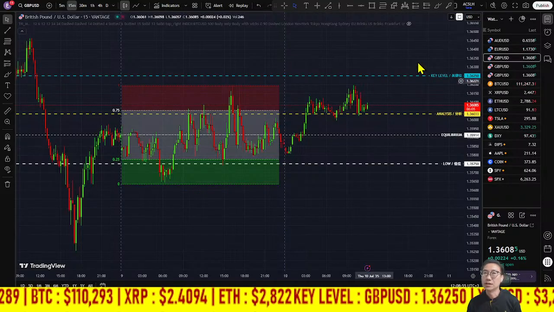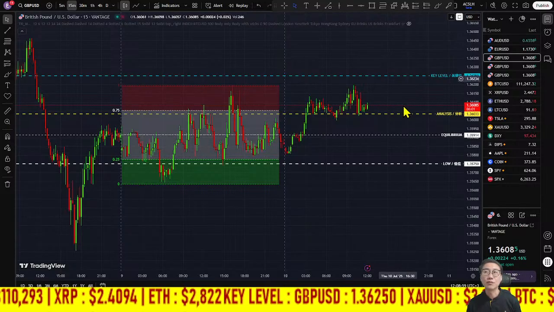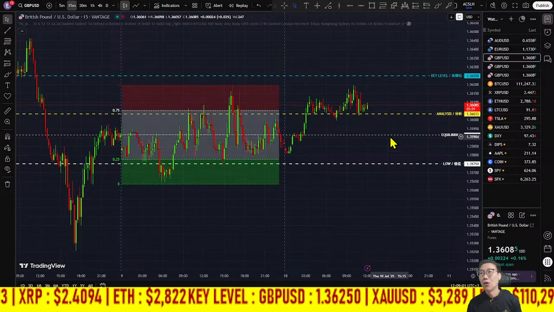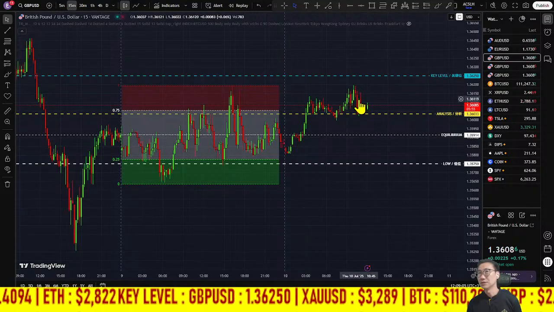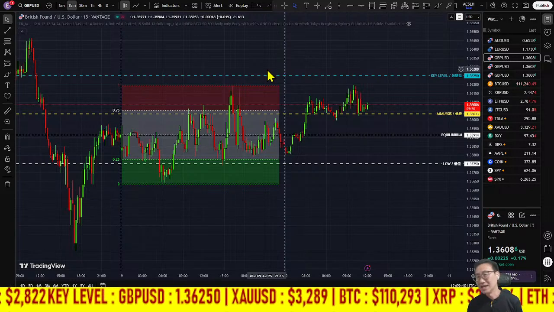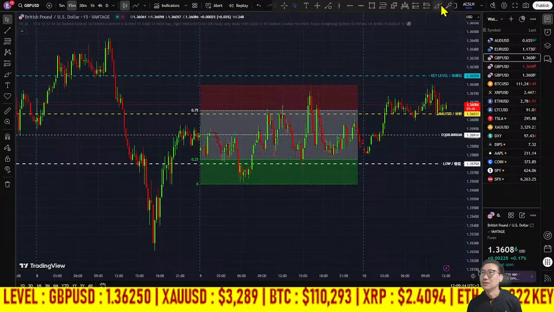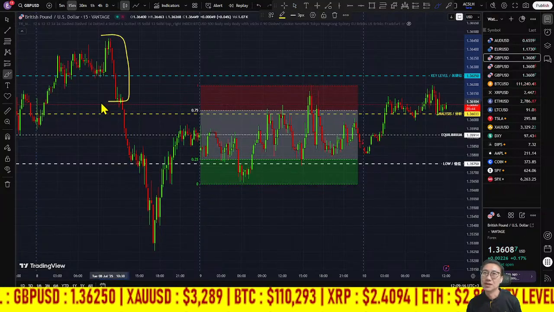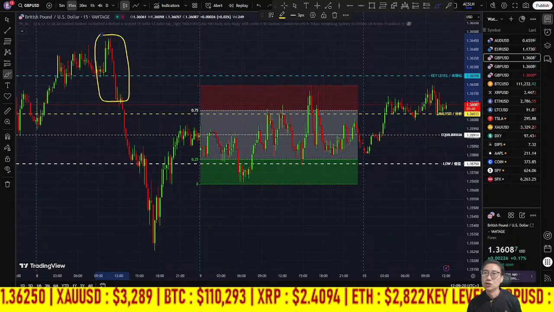Once it's tested, I will want to see whether it will start to swing off from here to sell, or it will break higher. If there's a bullish closure above 136.250, then I don't see a chance to sell. Why? Because we still have this area of liquidity here to be taken out.